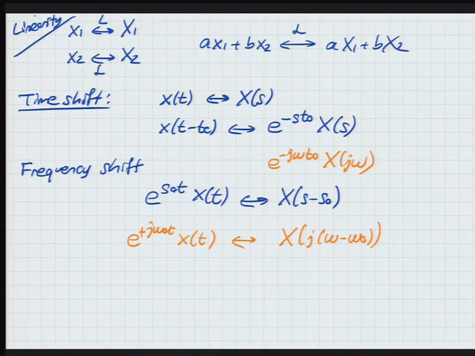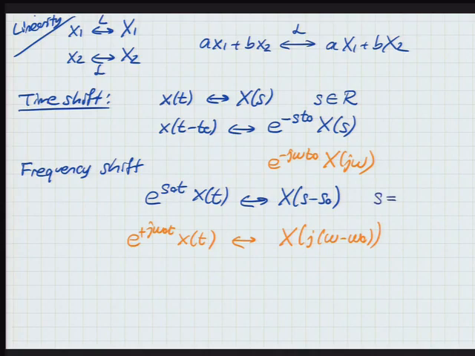All right. You might ask, in some of these properties, what happens to the region of convergence, right? So when I gave you this, perhaps this was true when s is in R, the region of convergence of the original Laplace transform, right? So what do you think would happen here now? Take a guess again.